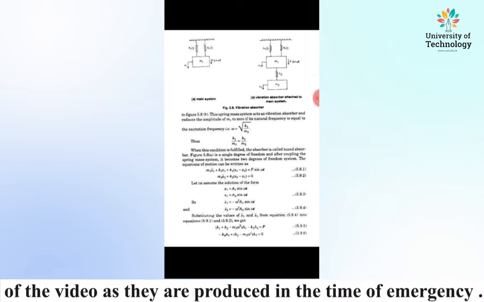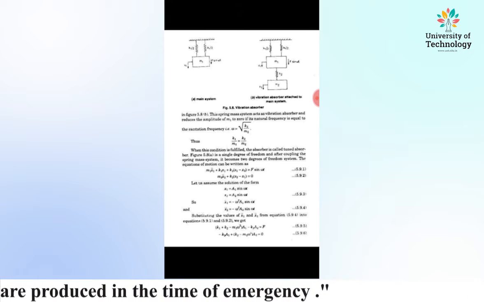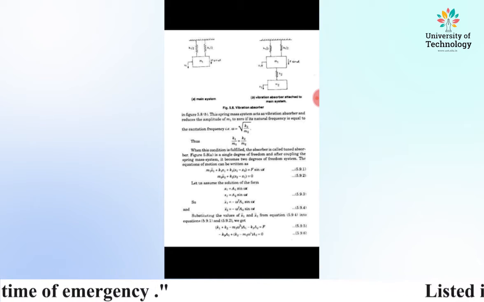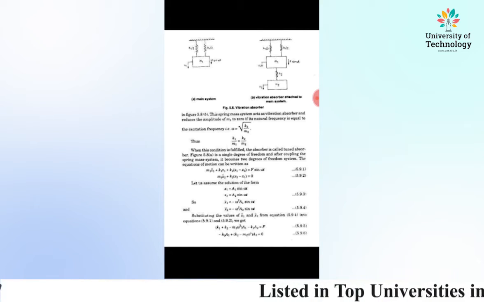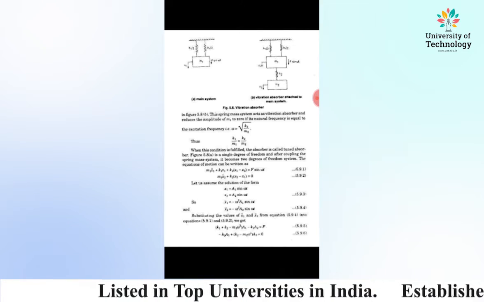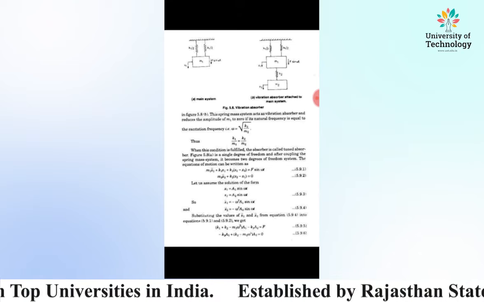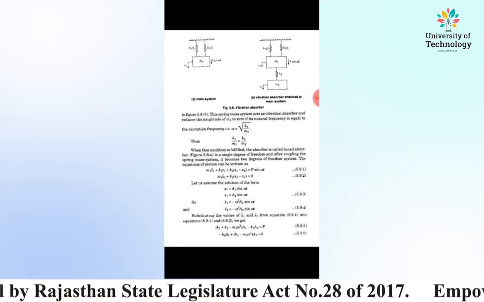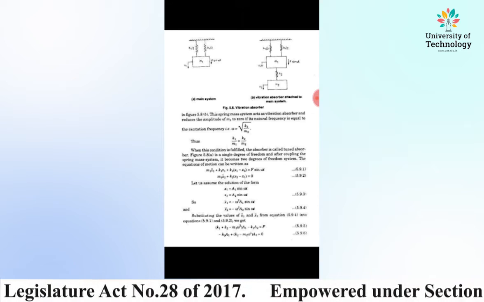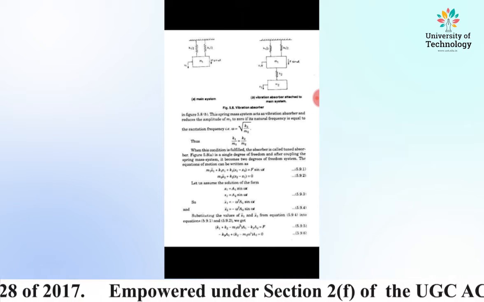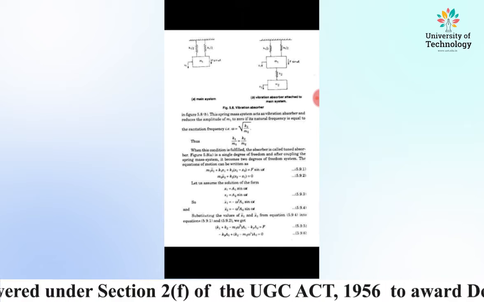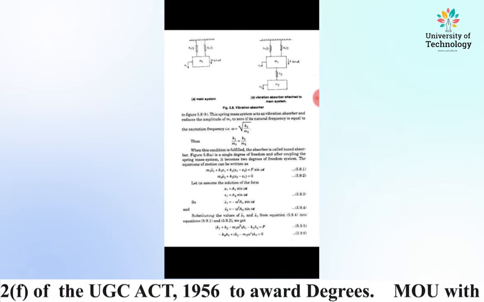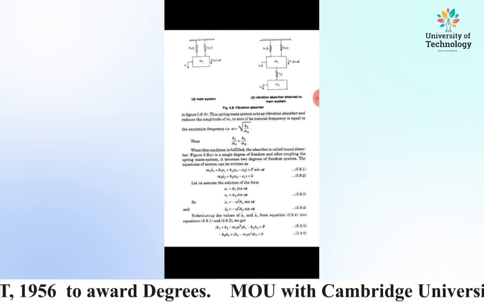For the first system: m1 x1 double dot plus k1 x1 plus k2 times x1 minus x2 is equal to F sin omega t. For the second system, in case of absorber: m2 x2 double dot plus k2 times x2 minus x1 is equal to 0.